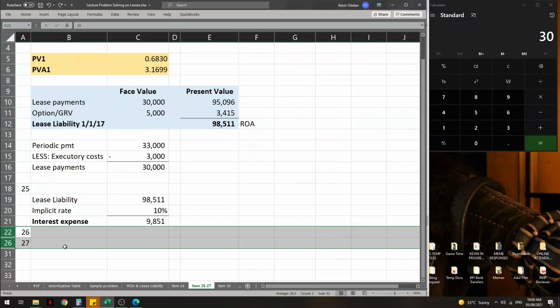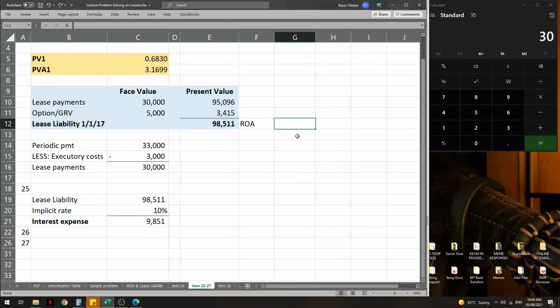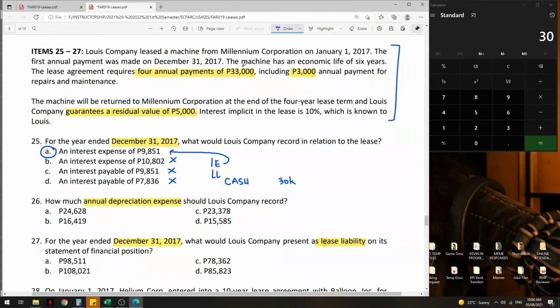Sorry about that. Ang ROA po, ang kasama is the initial direct cost, restoration cost, and lease liability. Let's look for initial direct cost and restoration cost in the problem. I will save you some time. There are none.